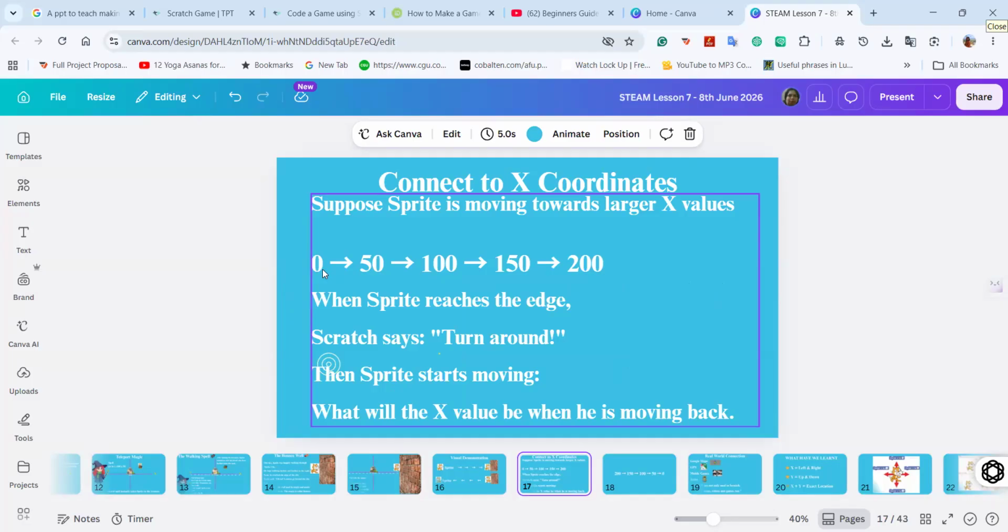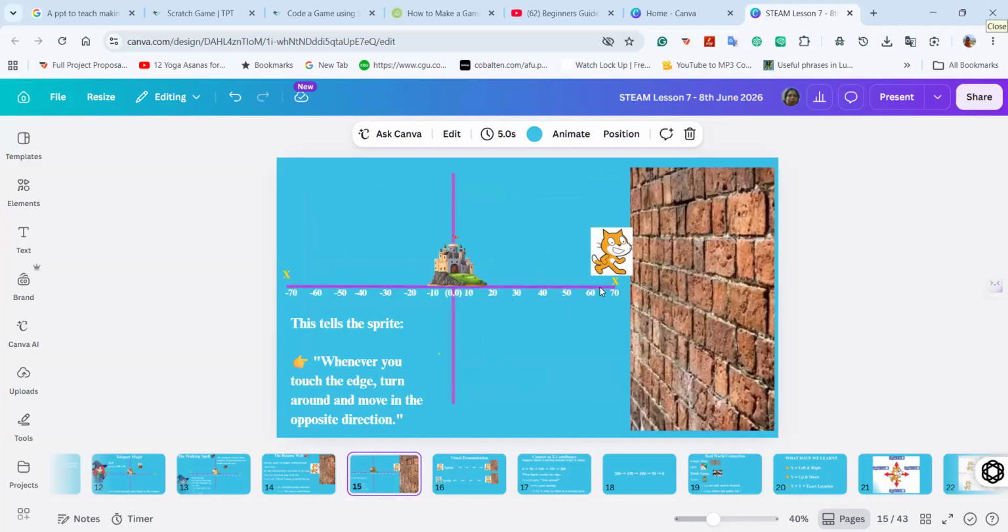Will it go to 0 first? Or which value? Supposing here it is up to 70. So it has hit the wall, and now it is going back. So which value will it go to first? Will it go straight to 0?